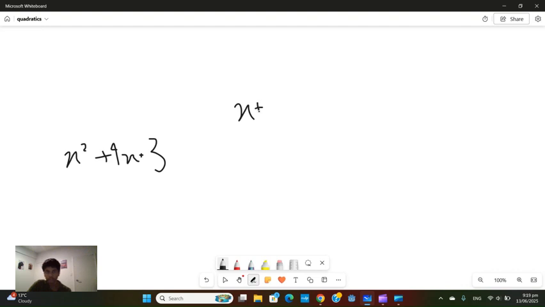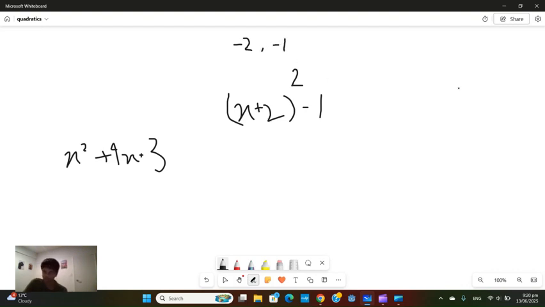So this one would be (x + 2) squared minus 1. This is equal to this, right? What this gives us is the y value, but remember with quadratic equations you need to flip it, so it's going to be -2, this is the x value, and this is the y value, so -2, -1.